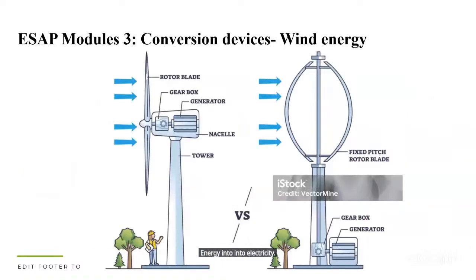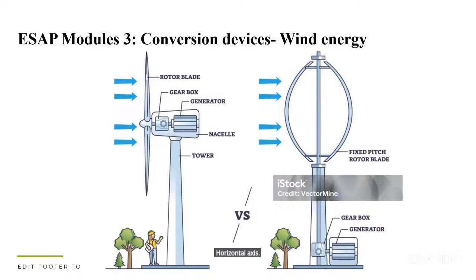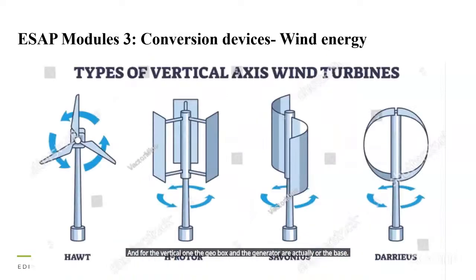So this is the image of what I presented before, and we see a big difference again here between those with vertical axis and those with horizontal axis. For horizontal axis, the gearbox and the generator are on top of the tower, and for the vertical one, the gearbox and the generator are actually at the base of the tower.